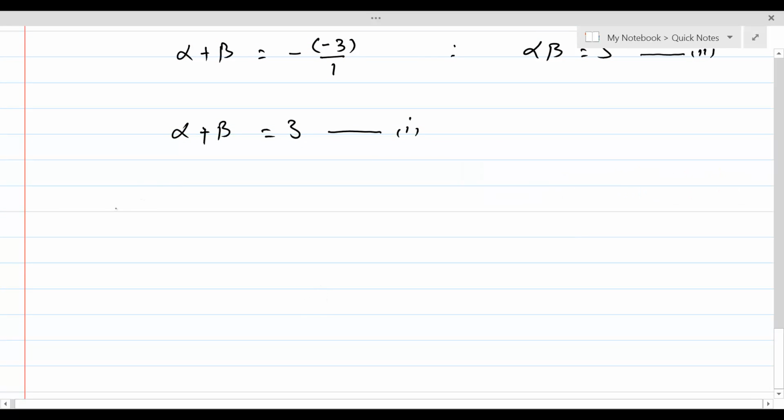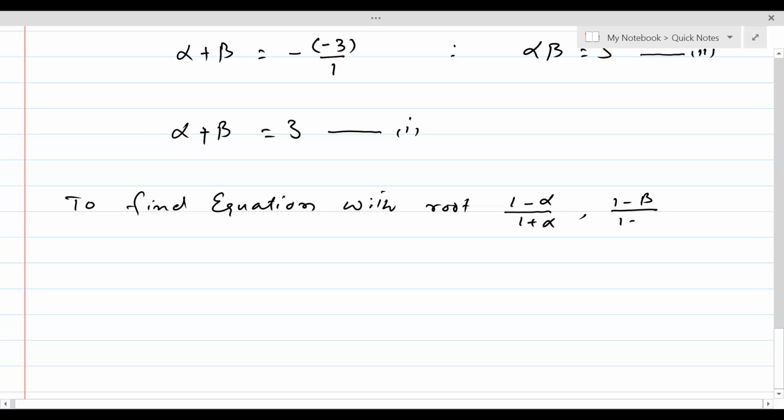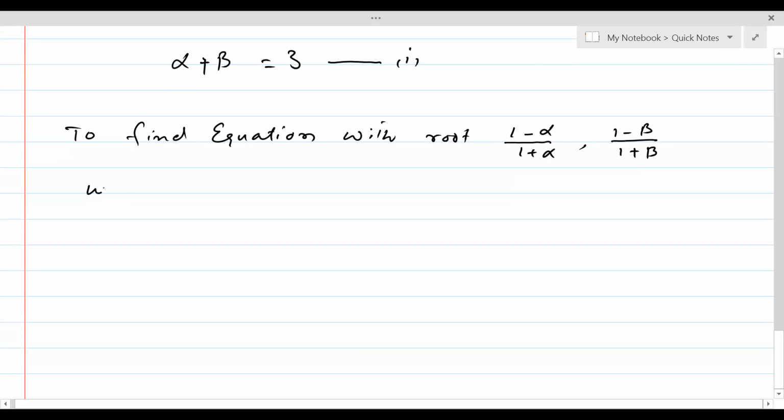To find equation with roots 1 minus alpha over 1 plus alpha and 1 minus beta over 1 plus beta, we'll find the sum of roots and product of roots.